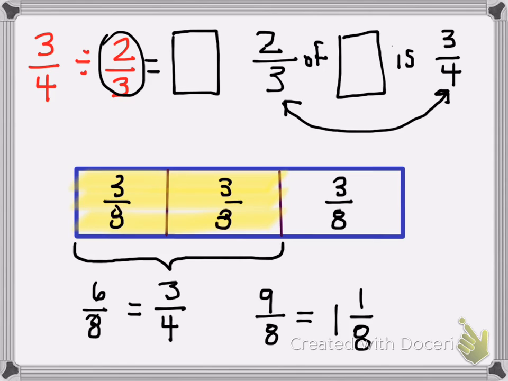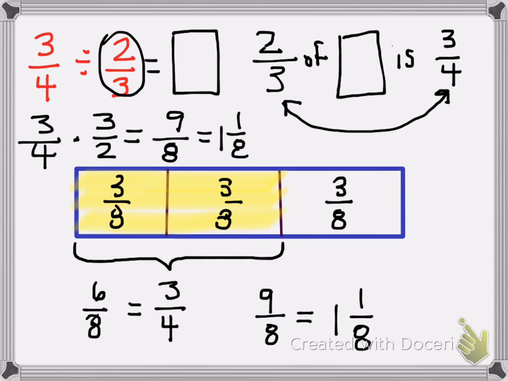So 1 1/8 is my answer according to my model. Let's see if the algorithm holds true. We will multiply by reciprocal, and we get 3 times 3 is 9, and 4 times 2 is 8. So it is 1 1/8 with the algorithm as well. So the model works again. Let's try another one.